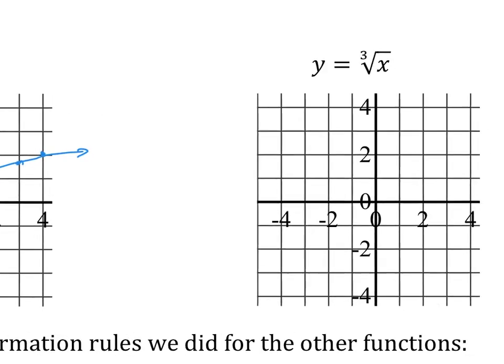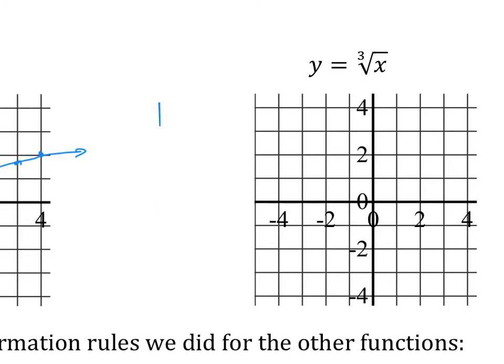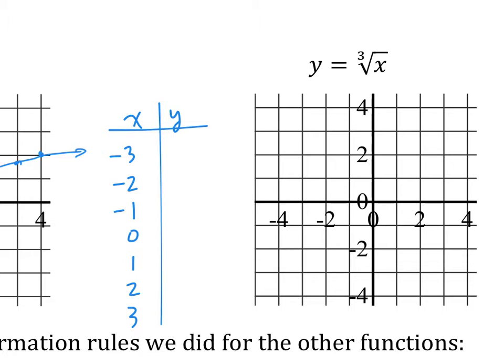Now let's look at a cube root graph. We're going to do the same thing. Let's start at negative 3, negative 2, negative 1, 0, 1, 2, 3. This is a cube root graph, not square root. So what is the cube root of negative 3?